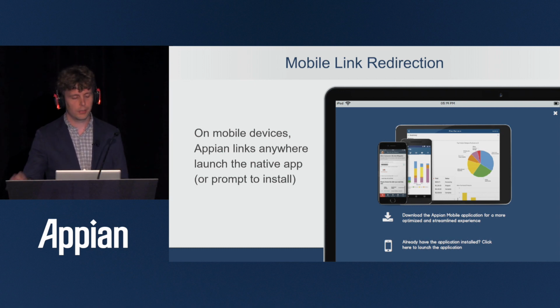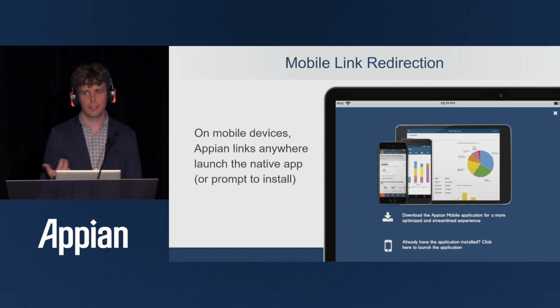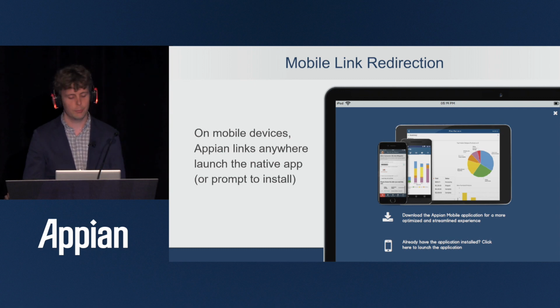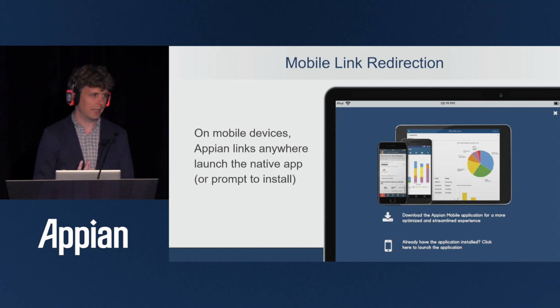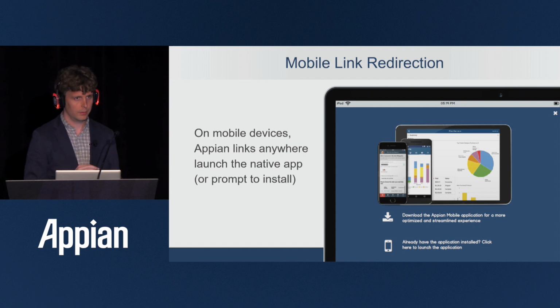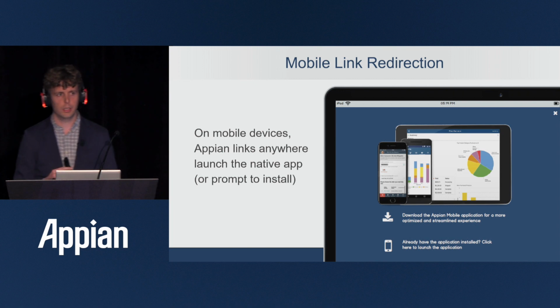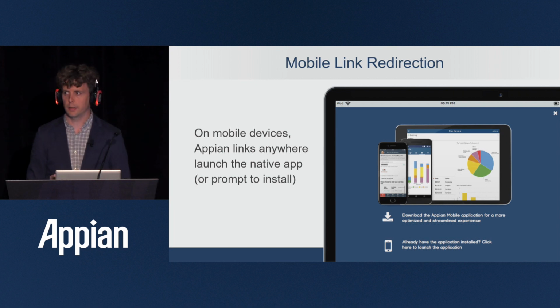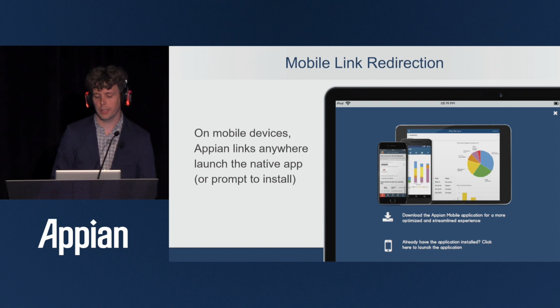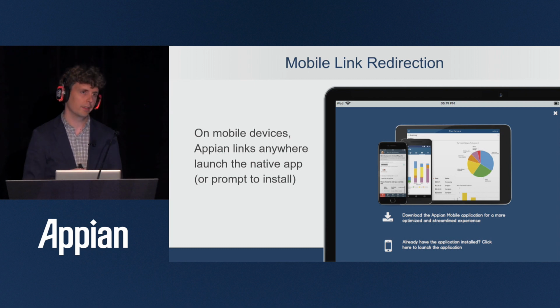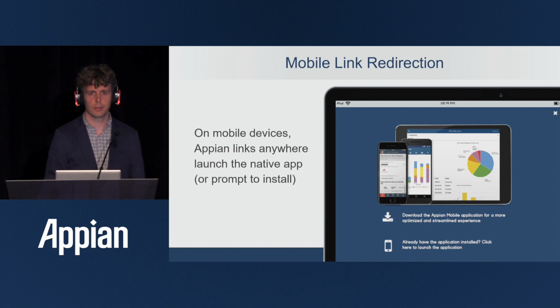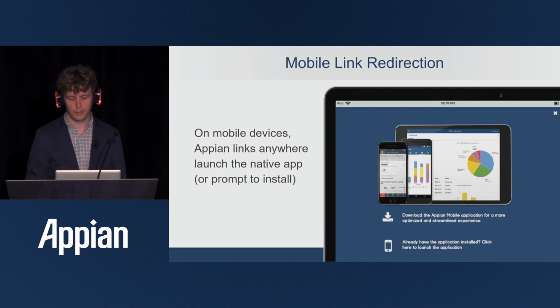So now, whenever someone clicks on an Appian link in an email, a text message, anywhere else out on the phone, we will launch the native app if they have it installed, or prompt them to install if they don't have it. Appian interfaces do work very well on mobile browsers like mobile Safari or Chrome, but the best experience is always with the native app, and we want to do the best we can to make sure your users are getting that best experience possible.